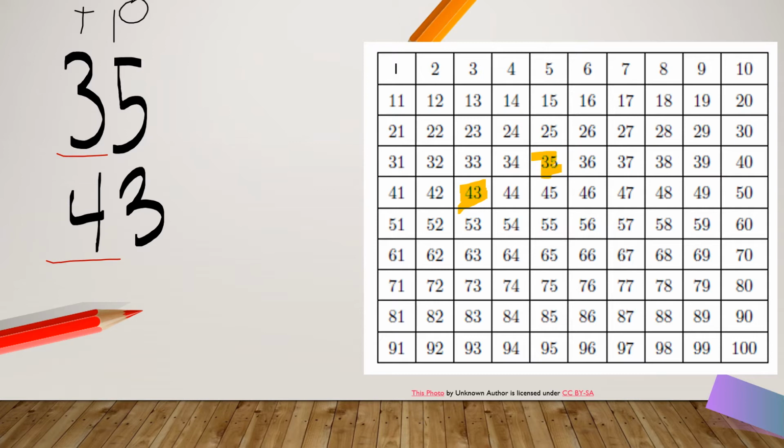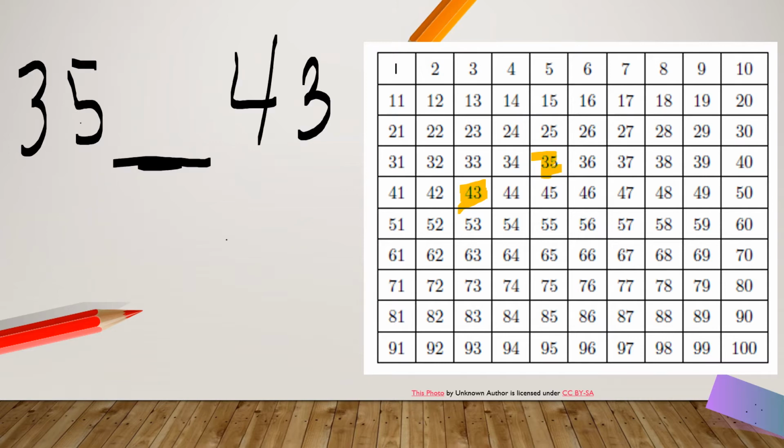So 3 will go first, as my smallest number, and then 4 will be my biggest number because 4 is bigger than 3. Now I'm going to see where I should be putting my sign. Should I put 35 is greater than 43, or 35 is less than 43?